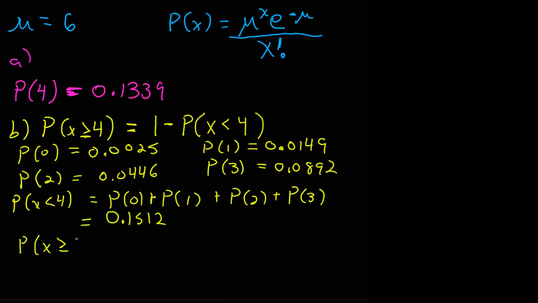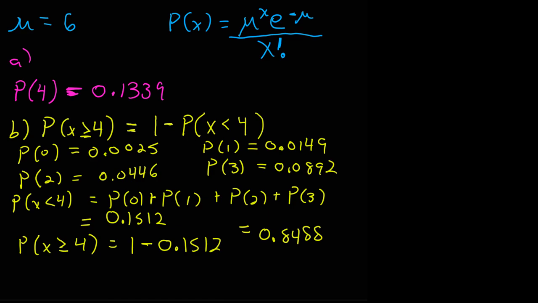Well, my probability is 100% minus the things that won't fall into that range, or 0.8488. And so the probability that my number of births is greater than or equal to 4 is about 85%.